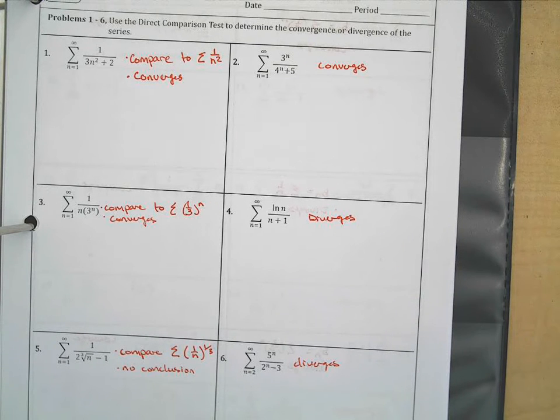1 over n diverges, right? Because 1 is the boundary line for diverge and converge. 1 over n is harmonic, it diverges. Goes off to infinity.